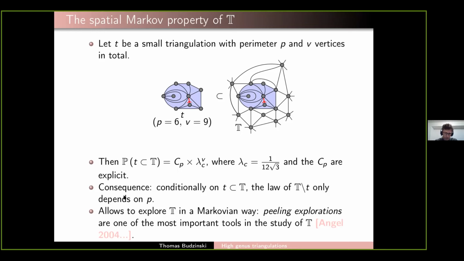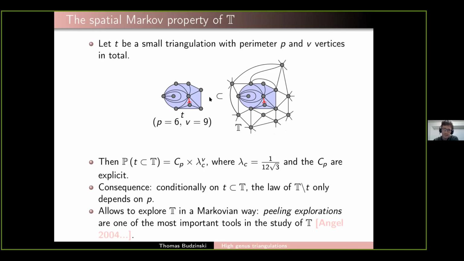And a very nice consequence of this formula is that if I fix my little t and I condition on the event that I can see a copy of little t in the neighborhood of the root in my big infinite triangulation, then the law of the complement of little t, the white part here on the right, only depends on the perimeter.